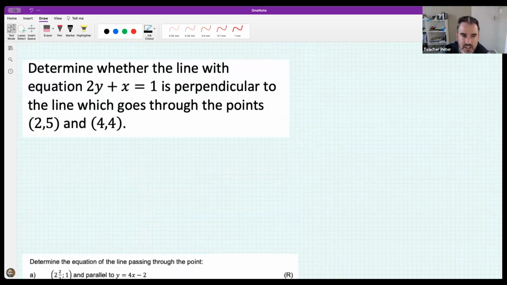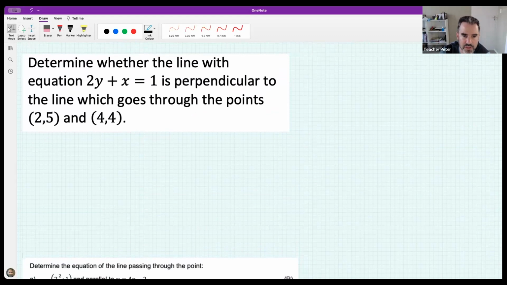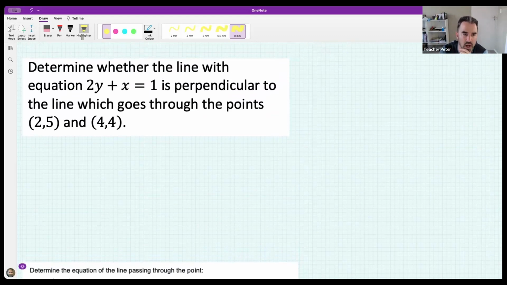So determine whether the line with the equation 2y + x = 1, the yellow line, is perpendicular to a line which goes through these 2 points.